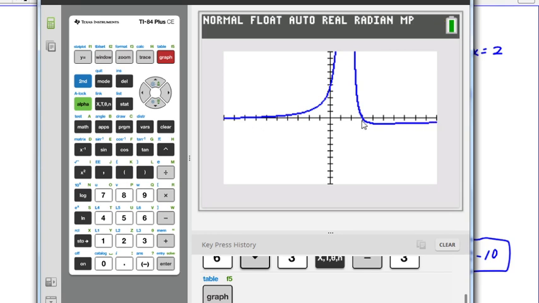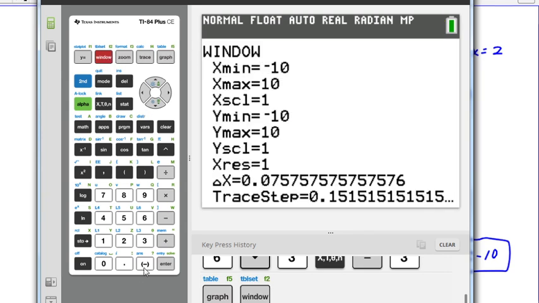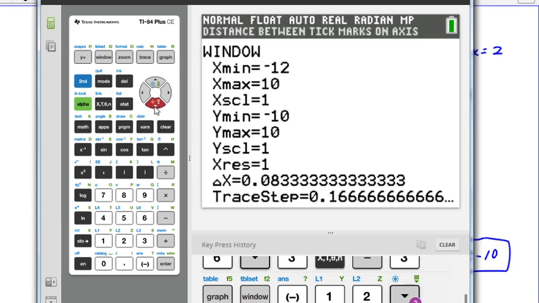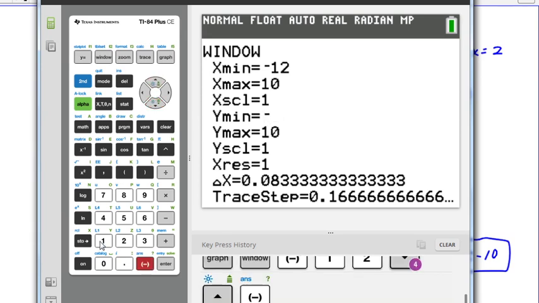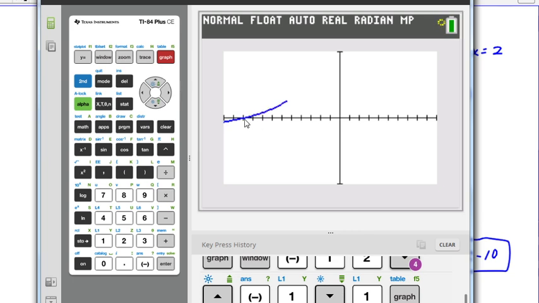So I'm going to just zoom in on this a little bit. I'm going to change the window to -12 here, and I'm going to change the scale, the y min, y max. I'm going to go from y equals -1 to 1. And you see where we touch or cross the x-axis here at -10 and here at +3.